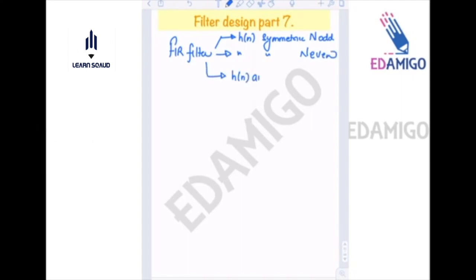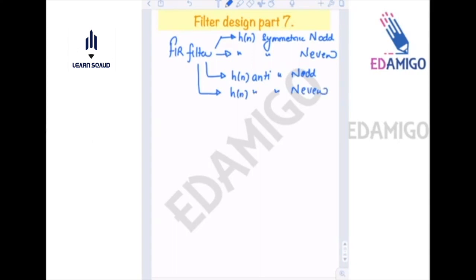So we have seen that there are four kinds of FIR filters: Hn symmetric where N is odd; the second is Hn symmetric where N is even; third is Hn antisymmetric, N is odd; and the fourth is Hn antisymmetric, N is even.